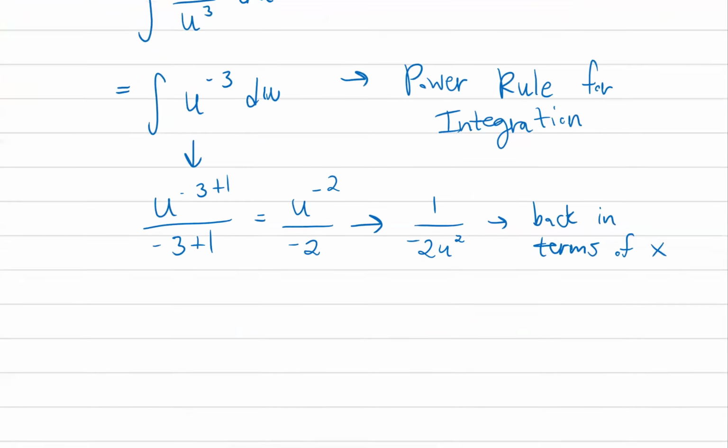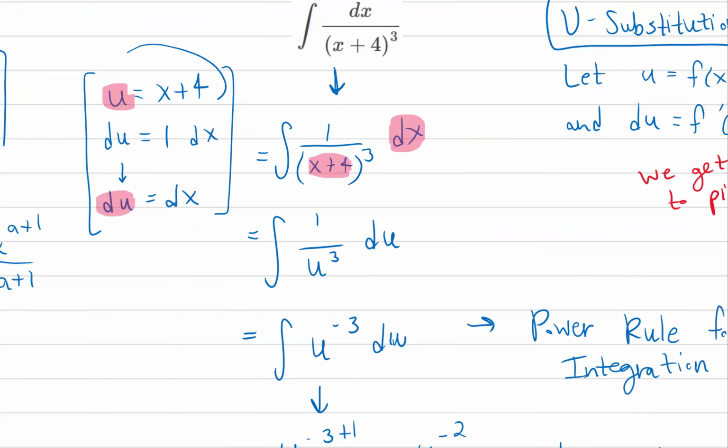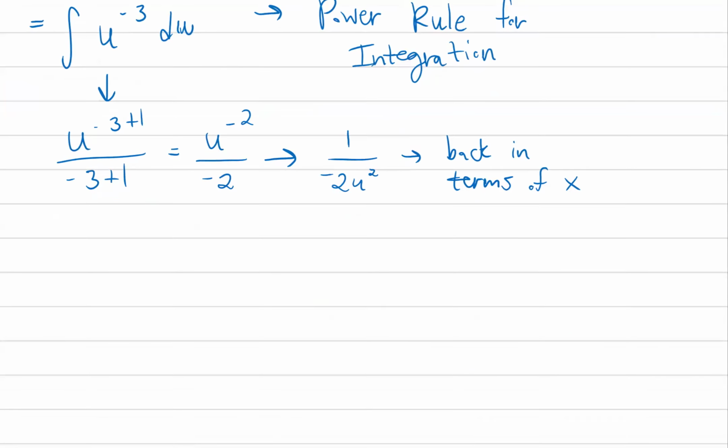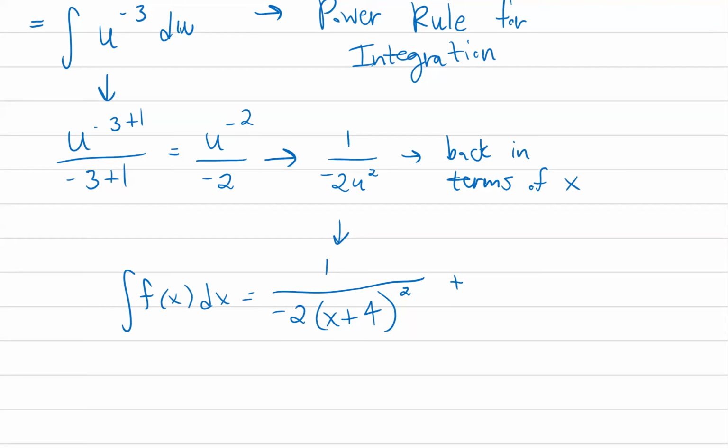Okay, so then we have to recall from our initial substitution, u is equal to x plus 4. And the very last step here would be to, I should say, penultimate step, because as a reminder of what we do with indefinite integrals, such as this one that had no bounds of integration, our work gets cut short for us here, because instead of having to plug in an upper and lower bound, this new antiderivative that we just found simply needs a plus c at the end, and then we're done.